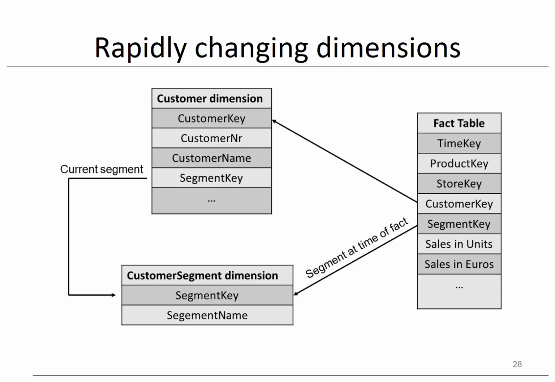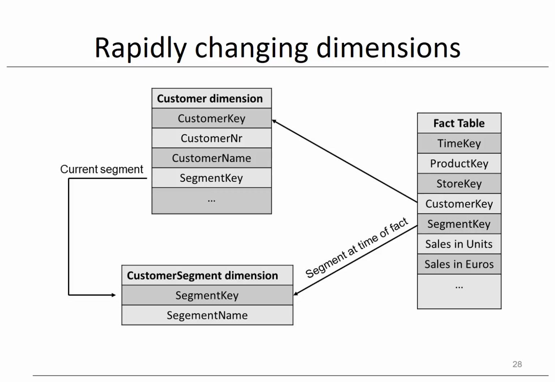More specifically, we put an additional foreign key in the fact table referring to this mini dimension, as you can see here. As such, the fact table implicitly stores the historical information about the volatile customer data.